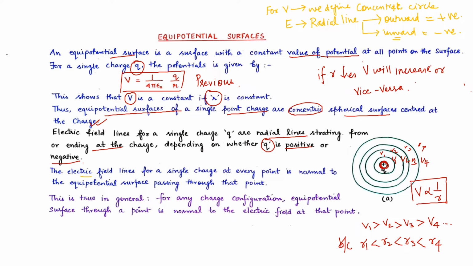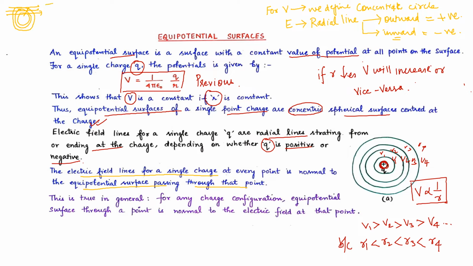Now the electric field lines for a single charge at every point are normal to the equipotential surface passing through that point. These electric field lines are normal to these equipotential surfaces. For this we have read previously about these tangents, like these are the electric fields made around a charge, and for this particular position we define these tangents.